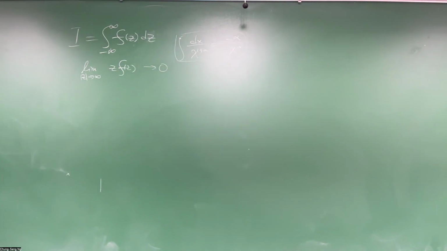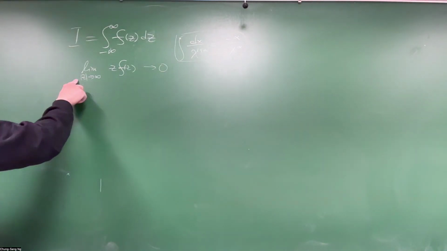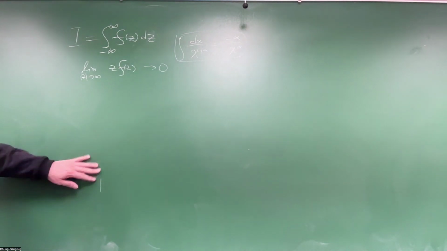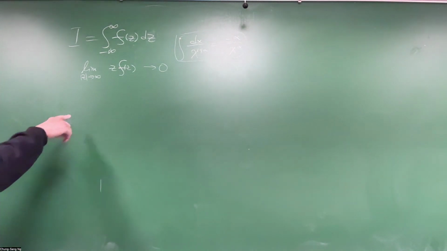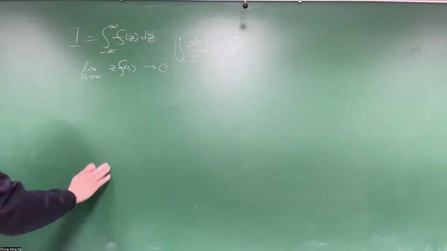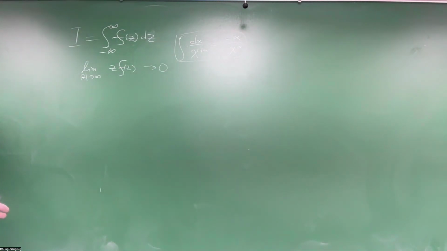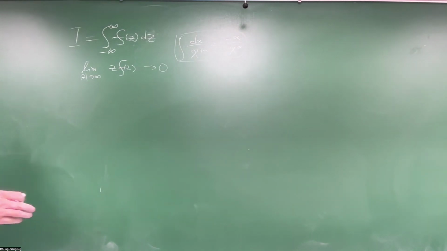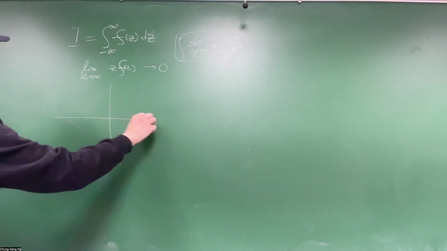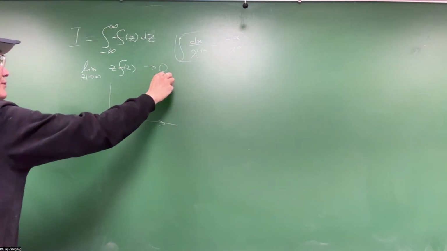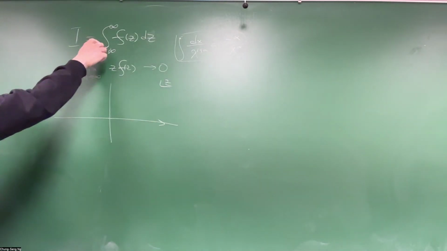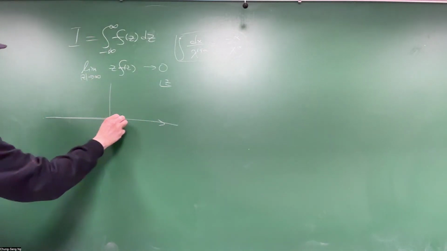So we require that. But this condition doesn't have to be uniform here, and usually when it holds for part of the plane, the other part will also satisfy it. But you can actually limit it to just half of the plane, and that would be fine. The way to do it is to extend the function to the complex plane, this z plane, where the integral is along the real axis.